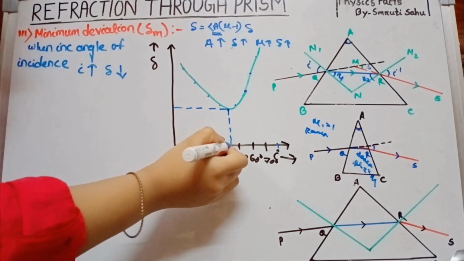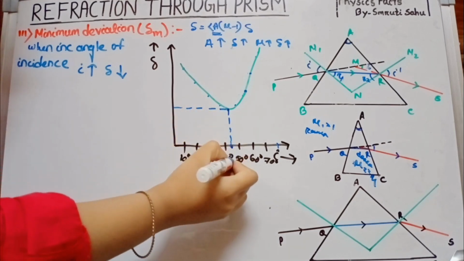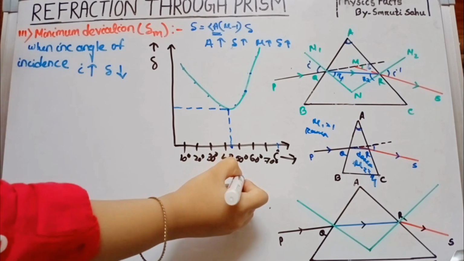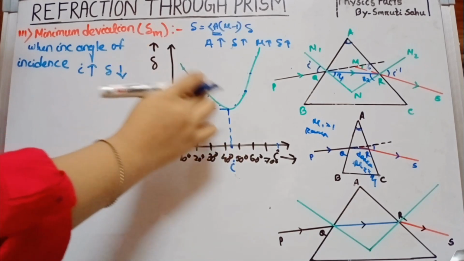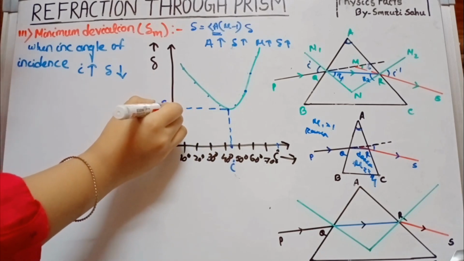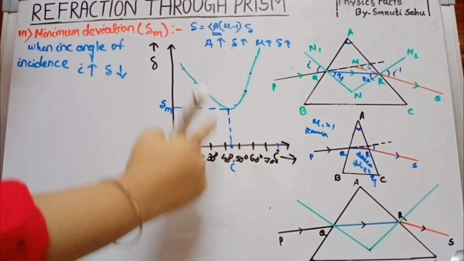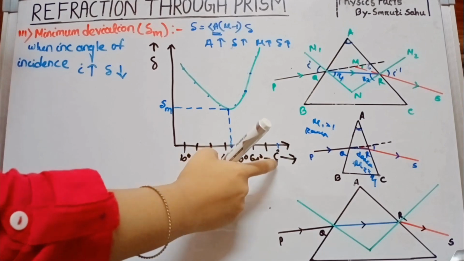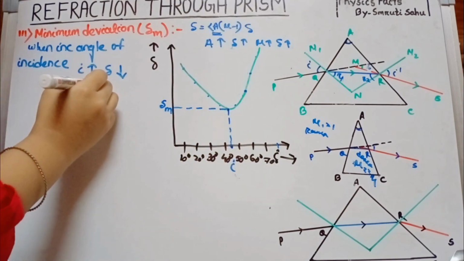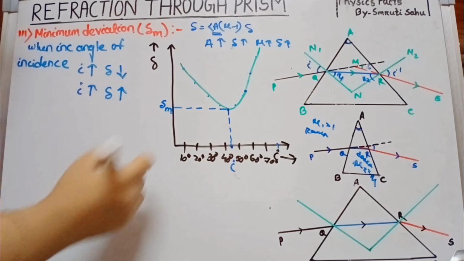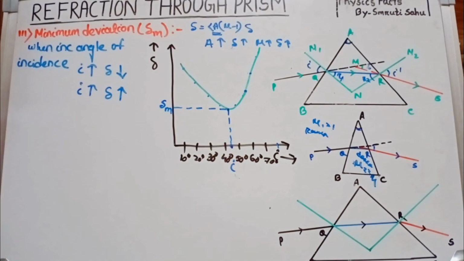For a certain value of the angle of incidence, that deviation is very less, and that is the minimum deviation. Then further, if we increase the angle of incidence, the angle of deviation also gradually increases. Okay, students, and the graph is like this.